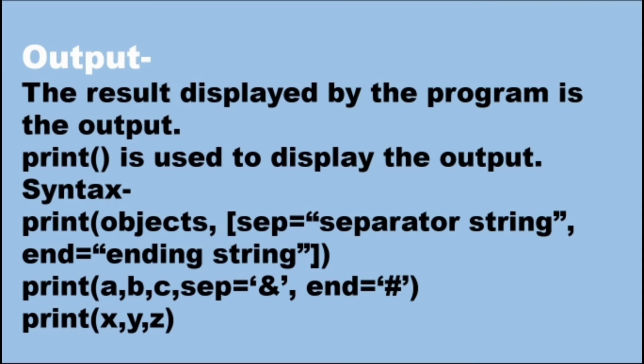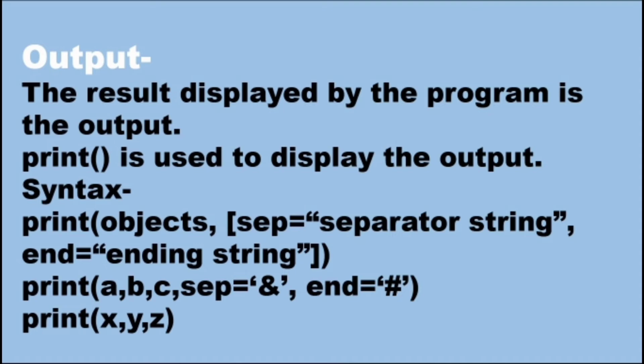What is the utility of the end argument? If you are using more than one print statement, normally all the print statements display their output on separate lines. This is because by default the end argument assumes the value of a new line character. So after printing values in a print statement, the cursor automatically moves on to the next line.